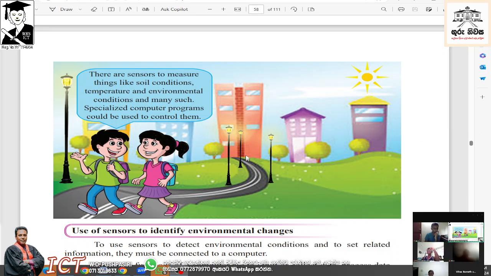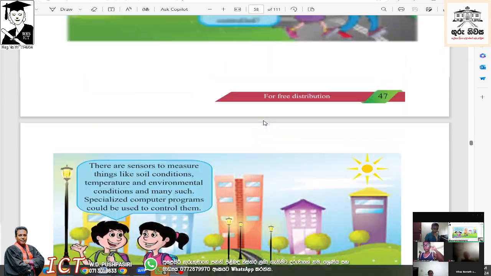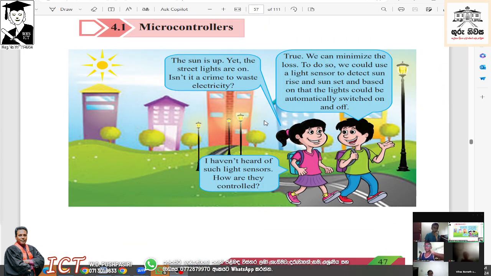Okay, so in this dialogue you will understand what this is about. By using the sensors with those devices, the waste is going to be stopped. There will be no wasting.